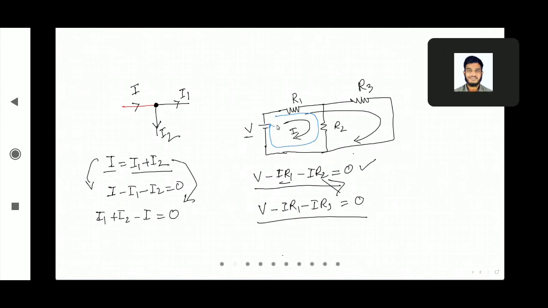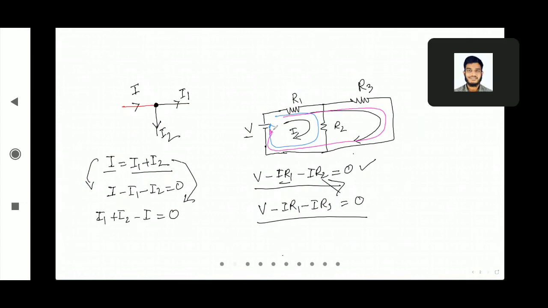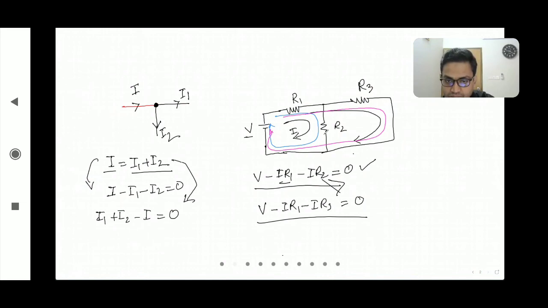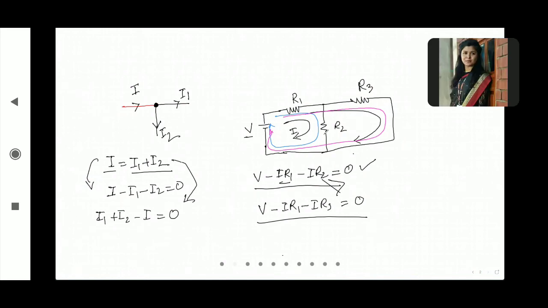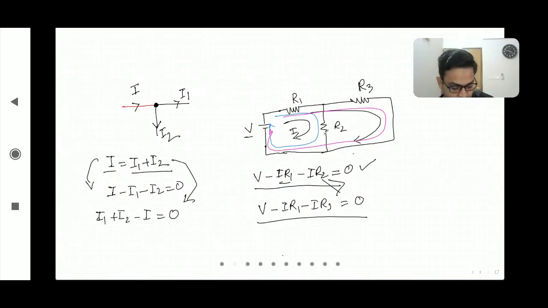Yes, sir. Second one, this way, right? Yes, sir. So in the second loop, is R2 involved? No, sir. So that's why. Yeah, fine.